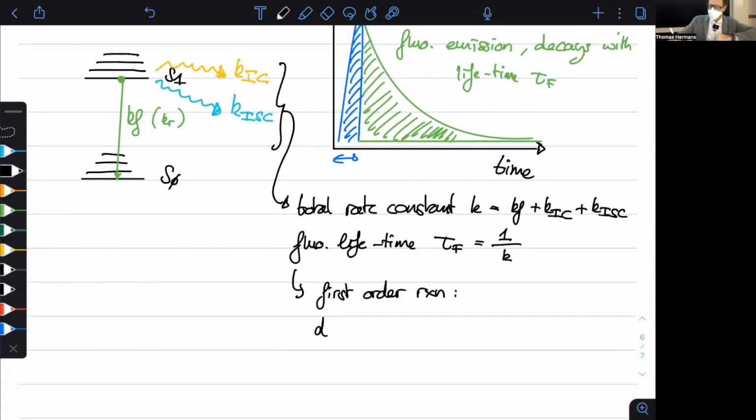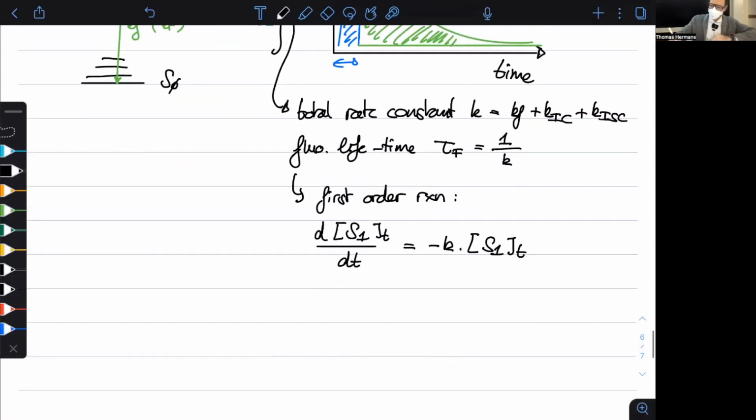So I'm going to write a differential equation, which is that the change of the concentration of molecules in S1 at a given time t is just minus K times the concentration at given time t.